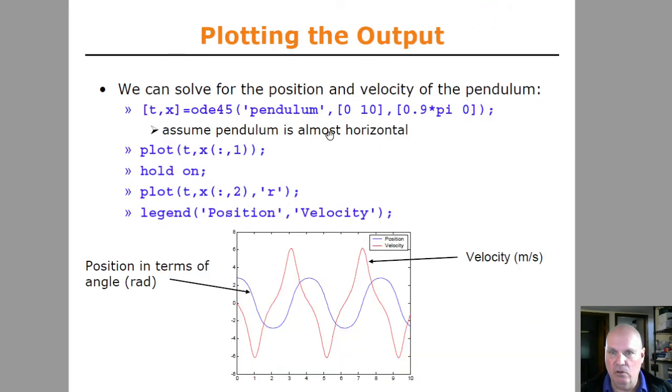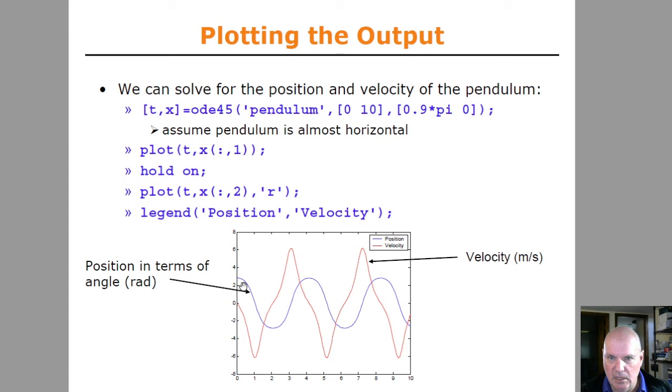And you call it, we're integrating from 0 to 10 using these initial conditions for theta, and gamma, which is theta dot, and then we plot those.